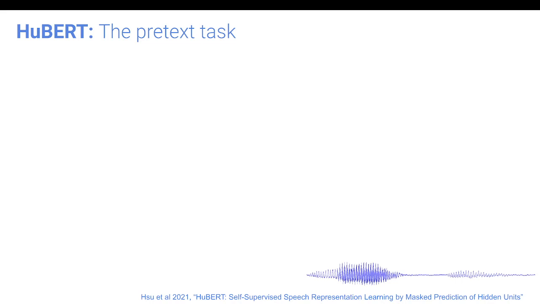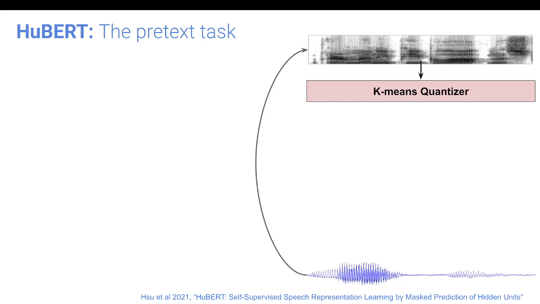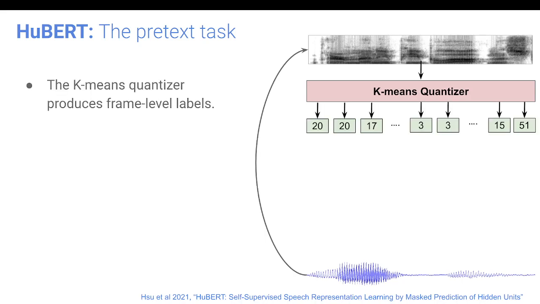Let us start with the model here. You start with a waveform at the input. You run signal processing just to get MFCC or log-mel filter bank features, and then you do offline k-means quantization. Once you do that for every input, you have frame labels every 10 milliseconds or 20 milliseconds, depending on the frame rate of the signal processing that you did to extract the MFCC or log-mel filter bank.